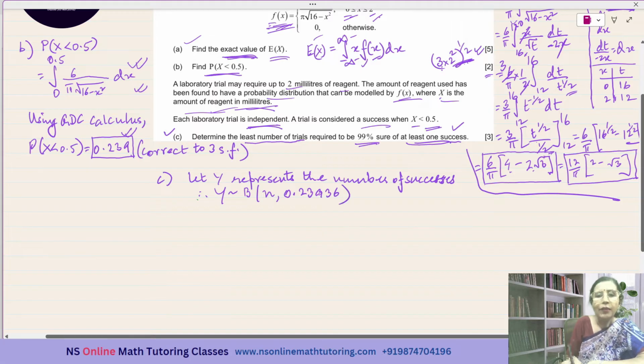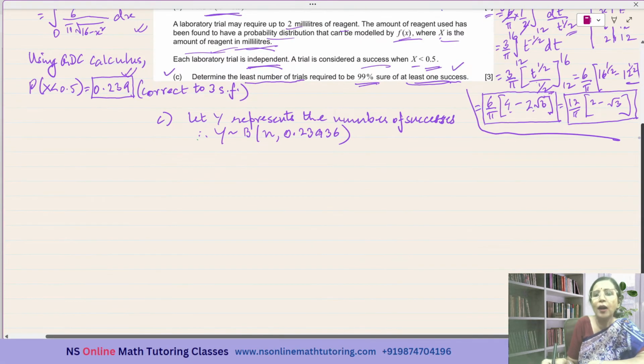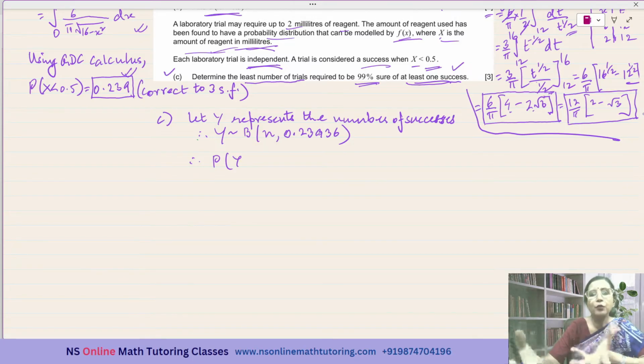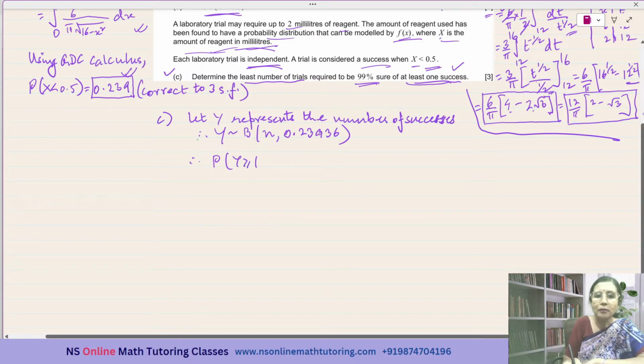Fine. And we have to find that there is at least one success. Therefore, probability of y at least one success means we can have one success, 2 successes, or multiple successes. The minimum is one success, so it will be y greater than or equal to 1.